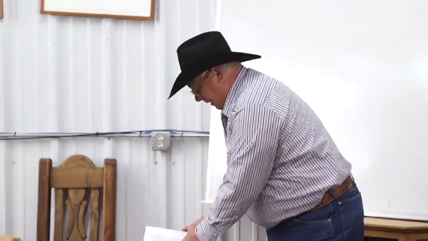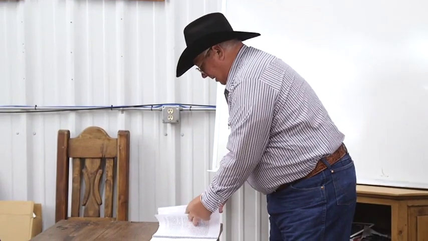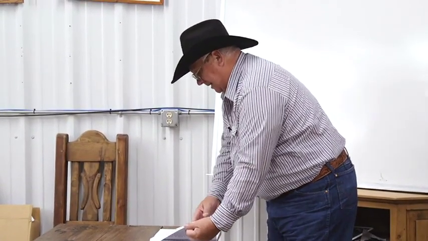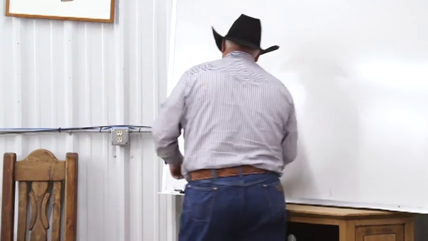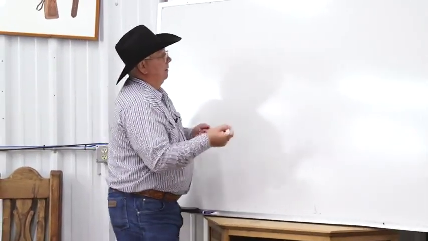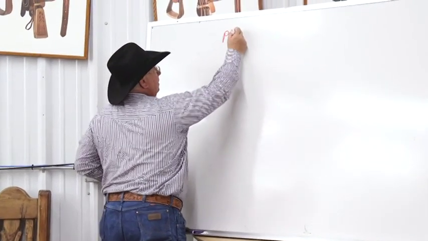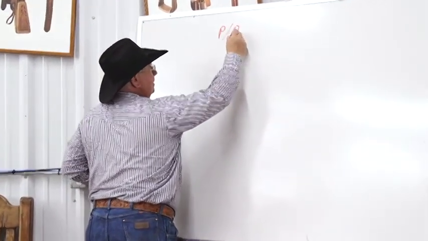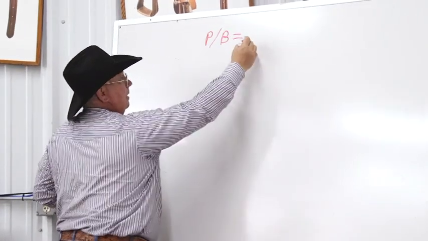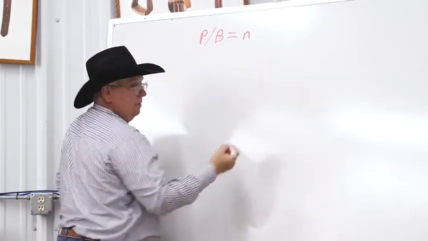So you need to know that terminology, because the way we calculate these knots is by parts divided by bites equals an N value.